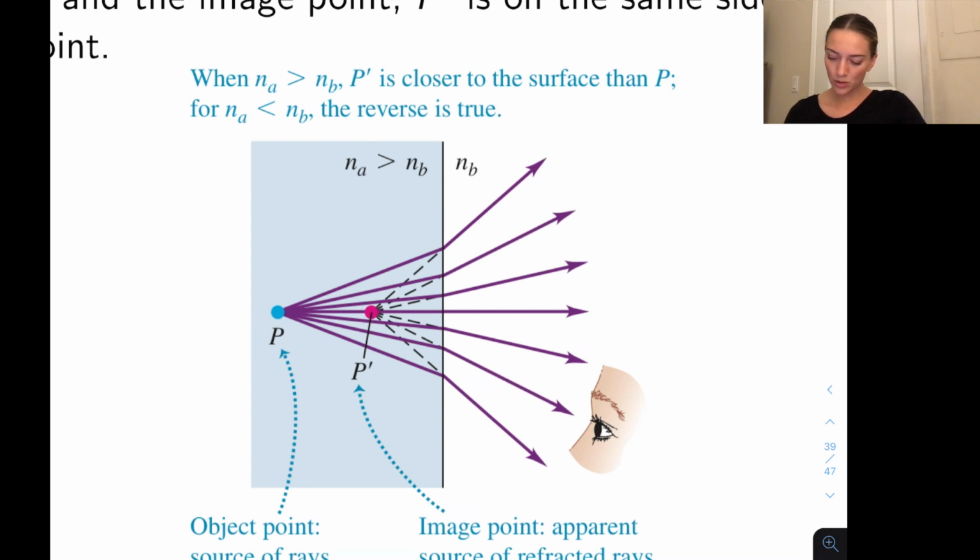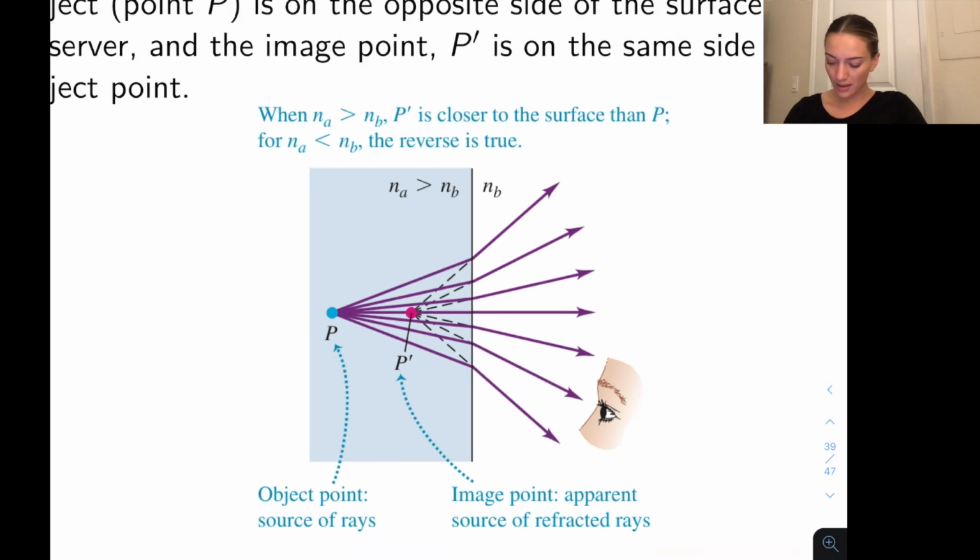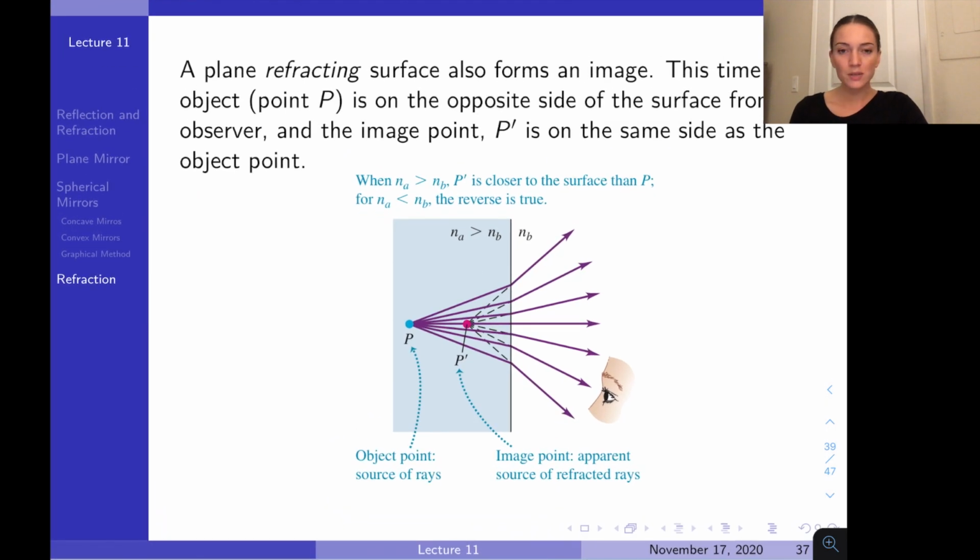So here, if you just draw the refracted rays back along a straight line, it looks like your image is right here. So now we have an image over here. Instead of a mirror where the rays are just reflected, now we have an interface with two different indices of refraction, and our light rays are refracted instead of reflected.